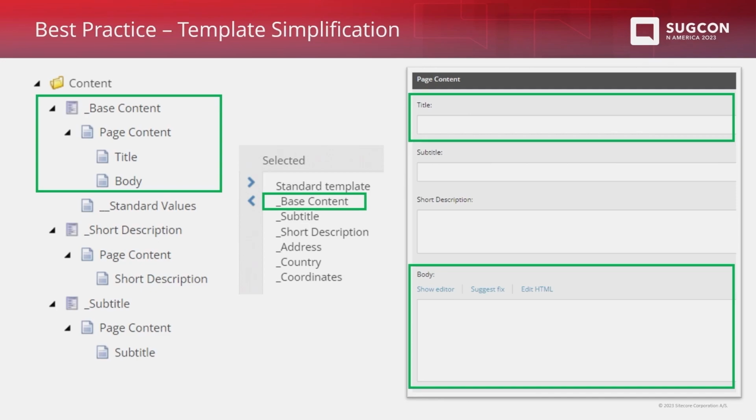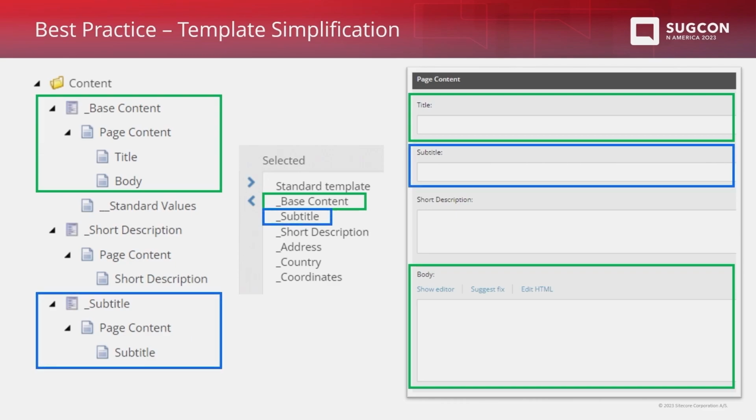So as you can see here, I've set up a little shard called subtitle that only contains the subtitle field, which I can pull in, and another one called short description, which only contains a short description field, which is really handy because if I have other templates that maybe don't need the subtitle but do need the short description, I've got that right there. Now I can build any kind of template that I want to, and it's relevant, and I can put validation rules on it, and I can restrict things, and I can make things visible.